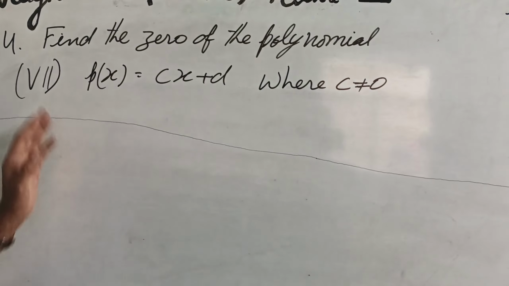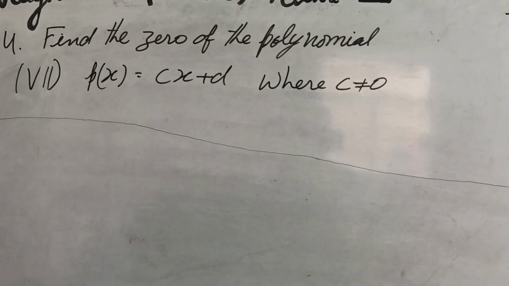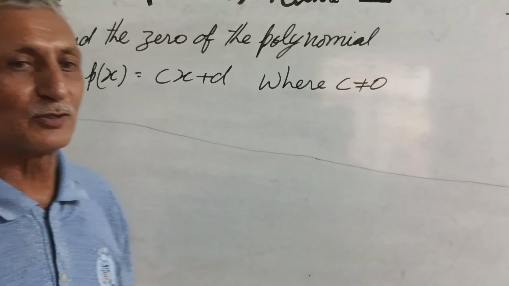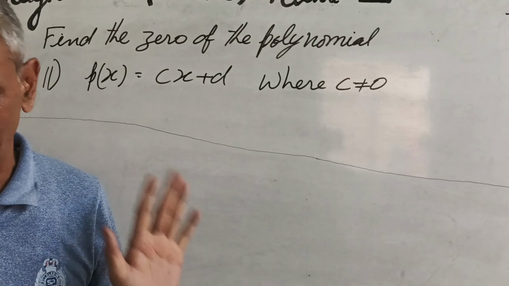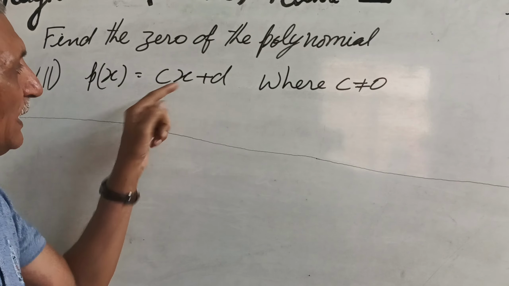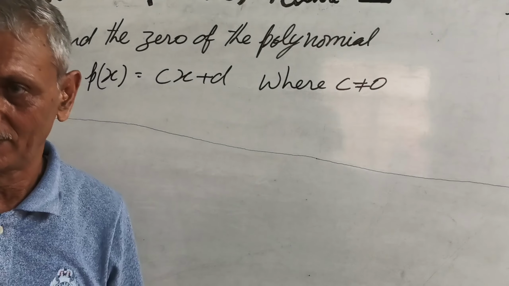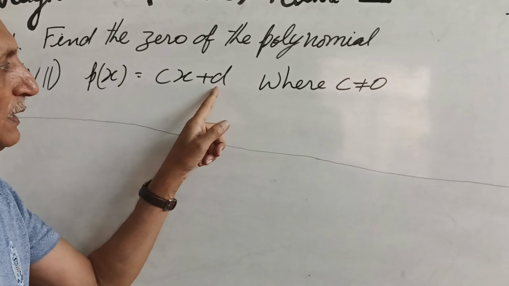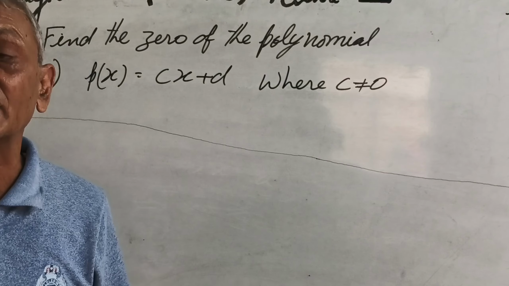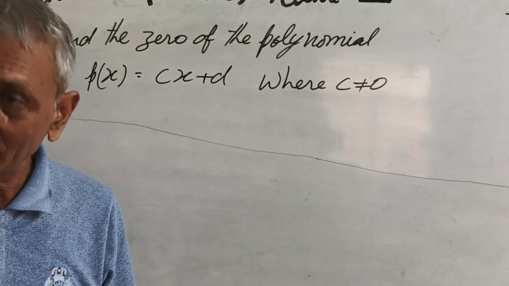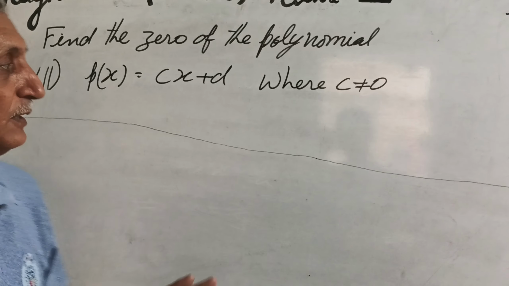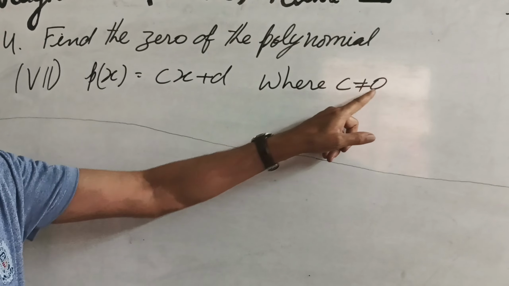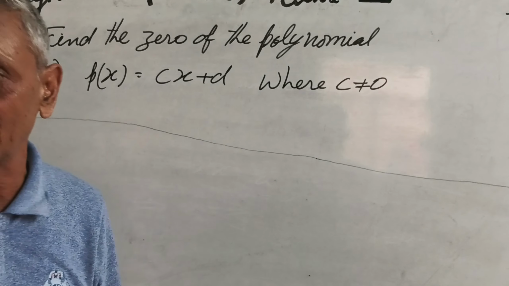Let's take part number 7. ठीक है दोस्तों? See, this is the polynomial given where c is not equal to 0. See, the coefficient of x can never be 0. If this becomes 0, then this term itself will become 0. Then we will be left with only this. Of course, it will still remain to be a polynomial, but the degree of the polynomial will change, right? So this is the polynomial where c is not equal to 0, and c and d are real numbers.